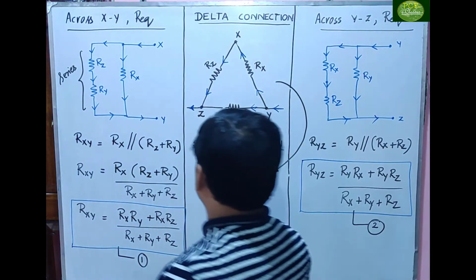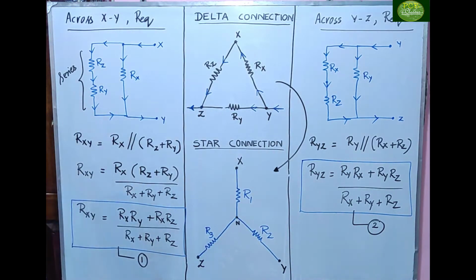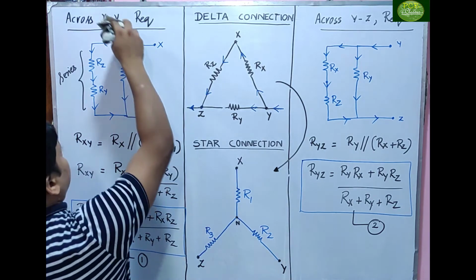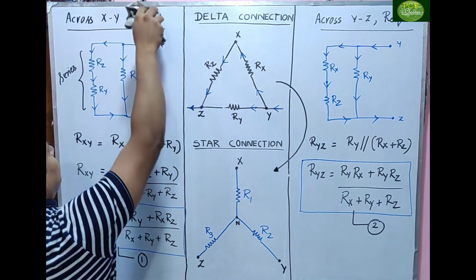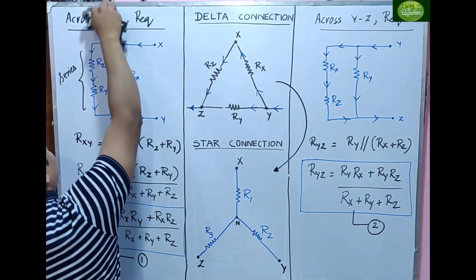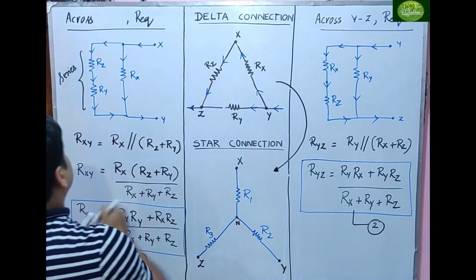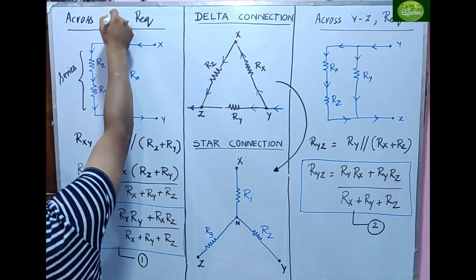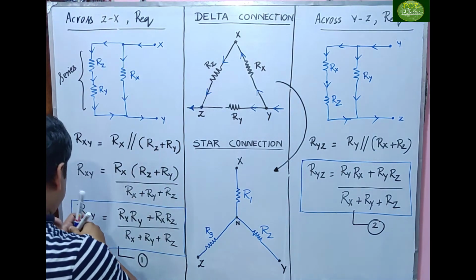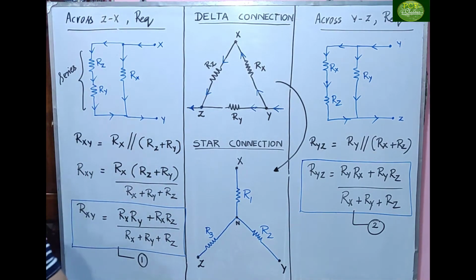Next, similarly, if I'll write down R equivalent for Z and X, so what will be my diagram?